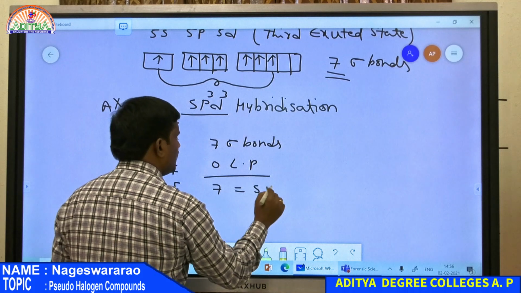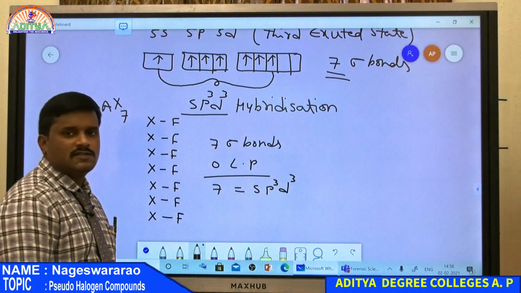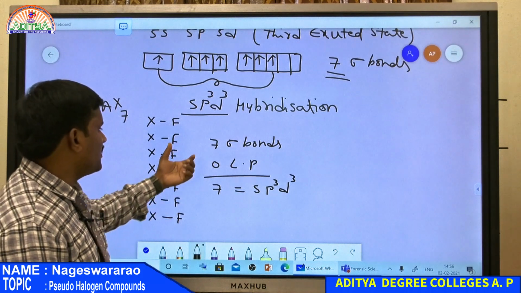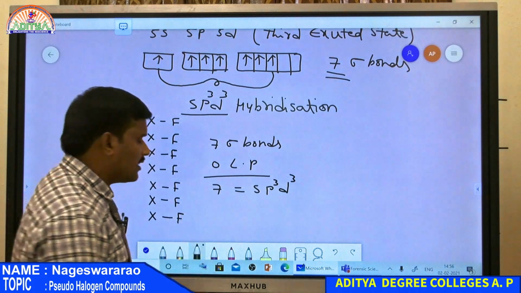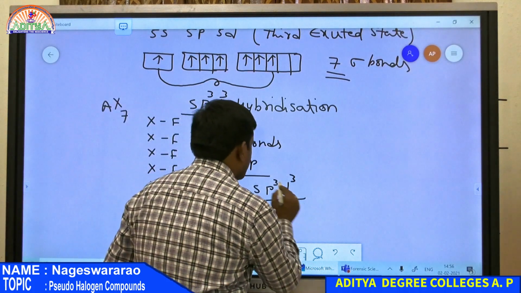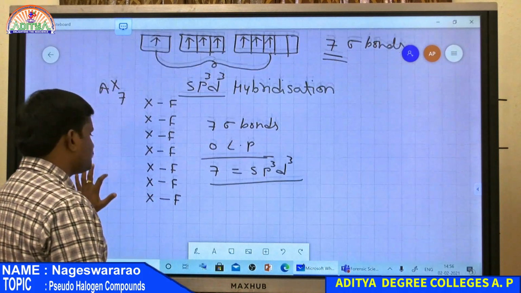Therefore it involves sp3d3, 3 plus 1 plus 3, total equal to 7. Therefore if a compound has 7 sigma bonds and 0 lone pairs, then the central atom undergoes sp3d3 hybridization. Now the geometry. What is the geometry?